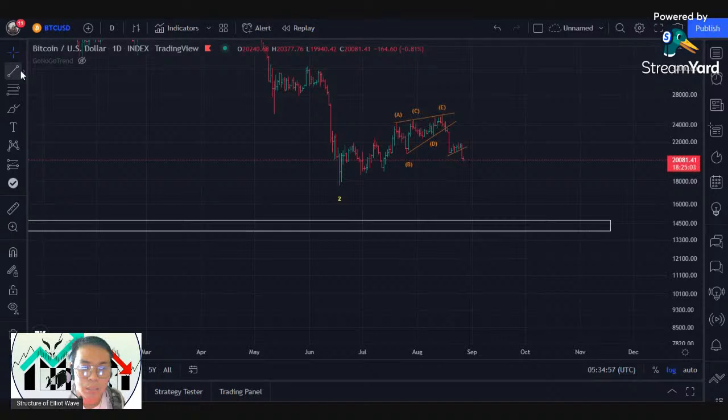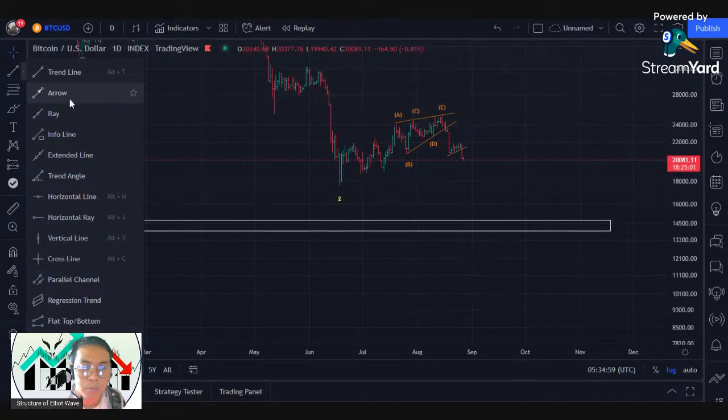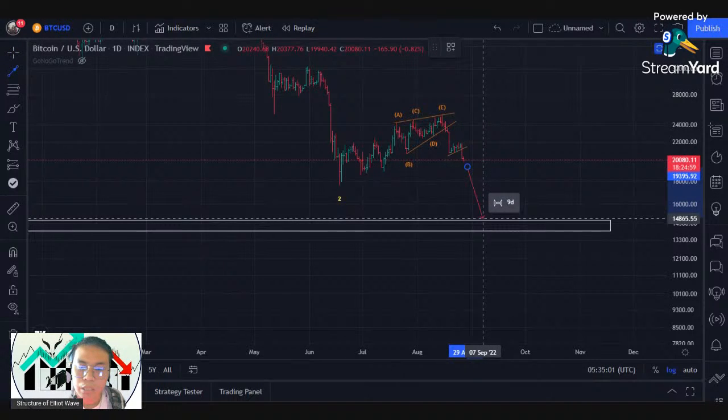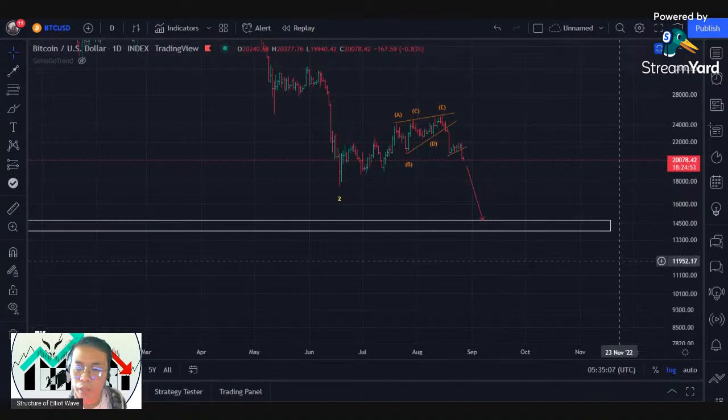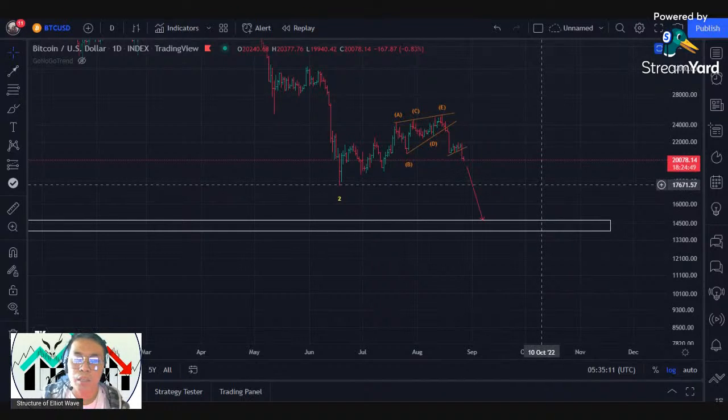So as I can see in the market, we will go down more in BTC, around 14,747 or maybe 12K. Yeah, this is the lowest that I can predict, 12K. So for people who are into cryptocurrency and looking for a buy, don't buy yet.